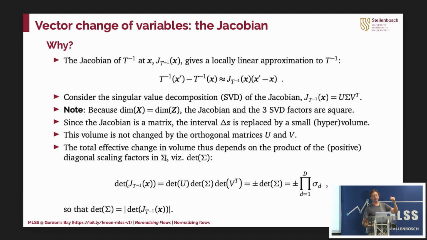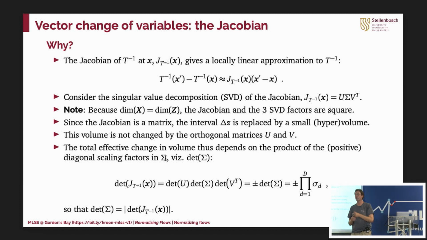And the product of the diagonal entries of a diagonal matrix is its determinant. Okay. So the determinant of the Jacobian is going to be important because the determinant of the Jacobian is going to correspond to the determinant of this diagonal matrix that we've just generated from the Jacobian. Why?